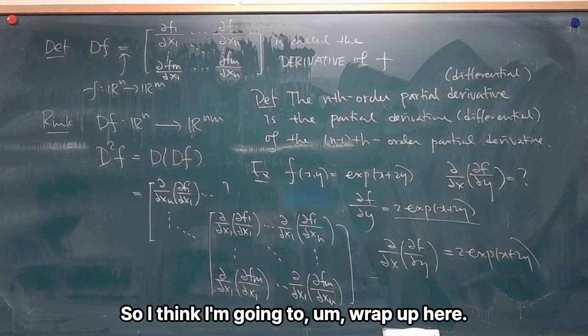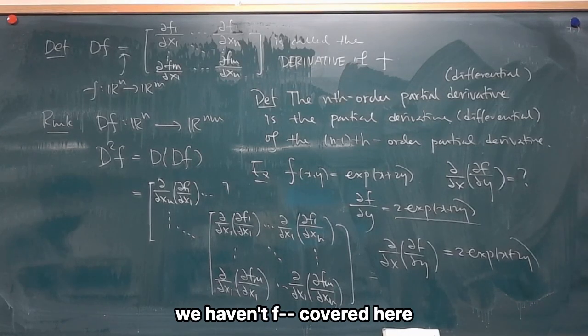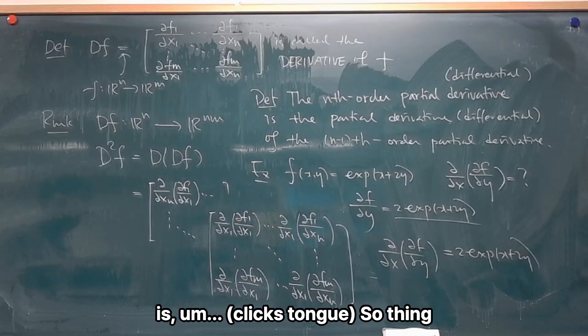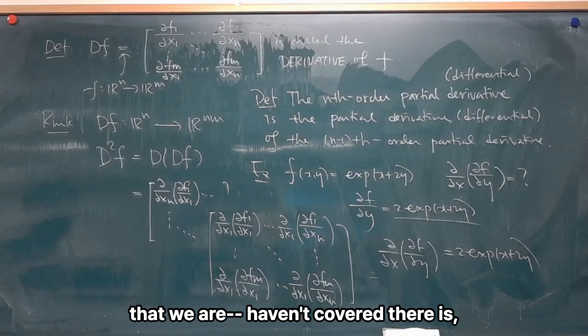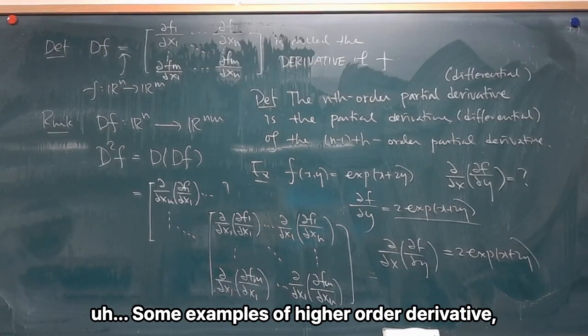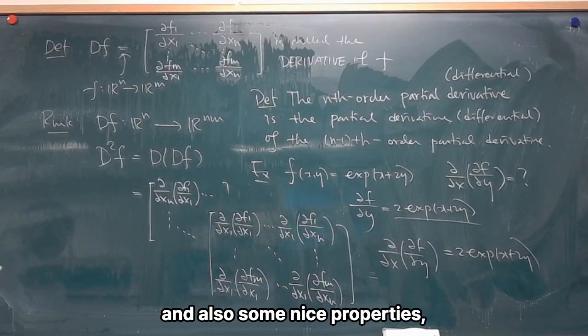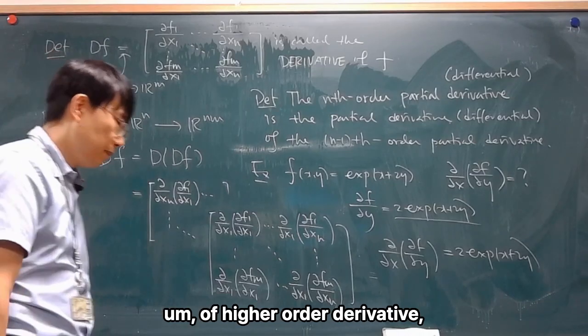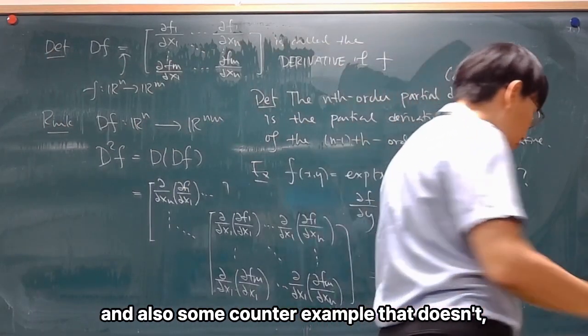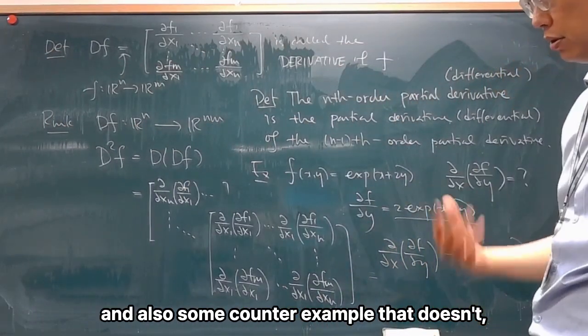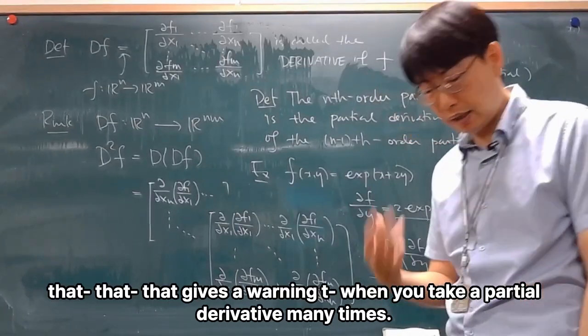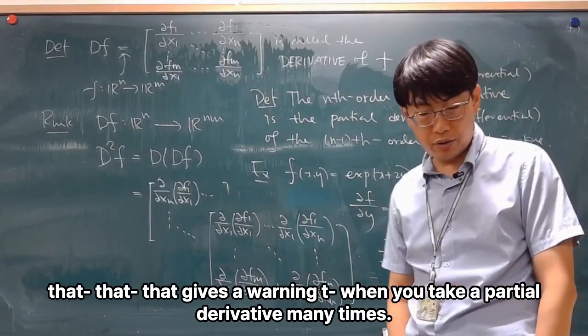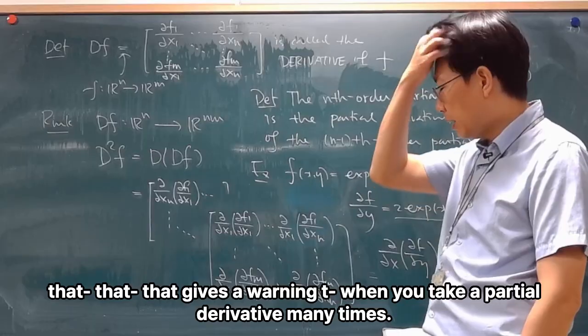So I think I'm going to wrap up here. Things that we haven't covered are some examples of higher order derivatives, some nice properties of them, and also some counterexamples that give a warning when you take a partial derivative many times.